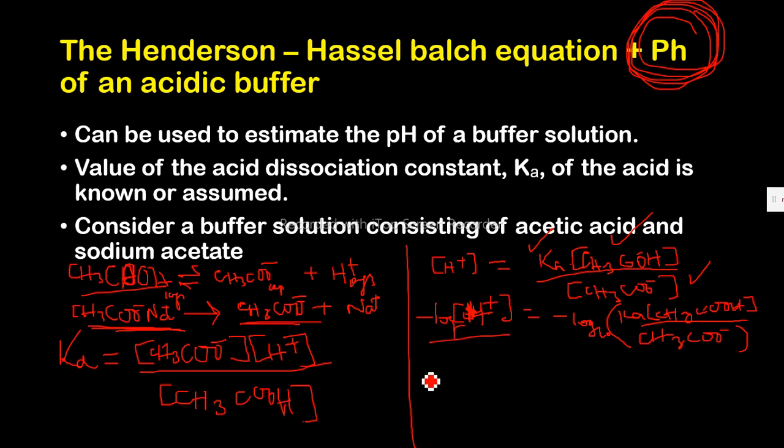Negative log simply means pH, which is equivalent to negative log of Ka, and where we multiply we shall add. Still negative log, the negative is maintained, negative log of the concentration of undissociated acid, which is CH3COOH.